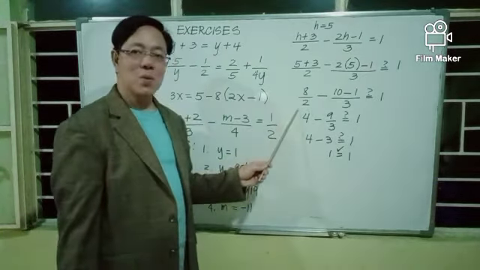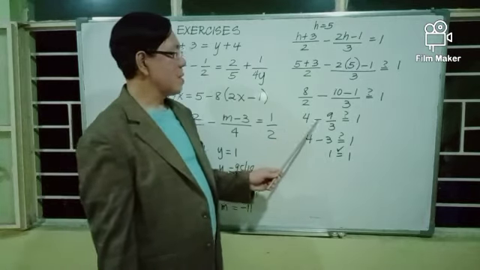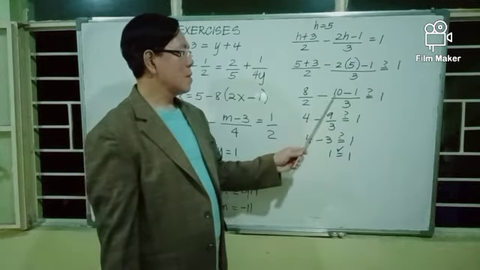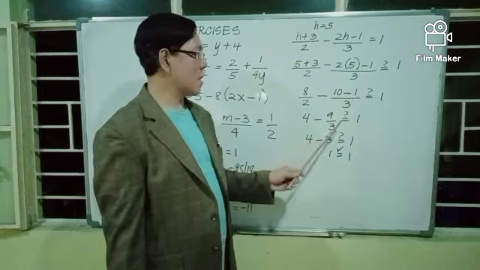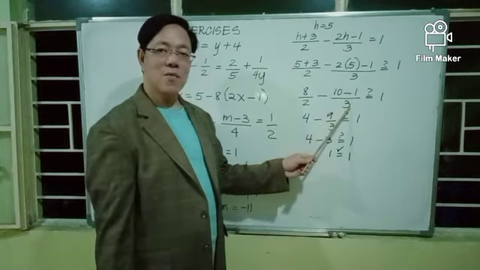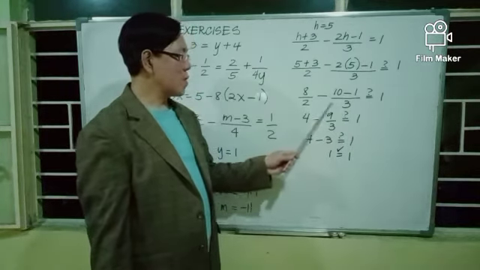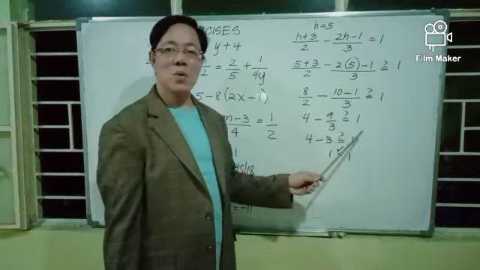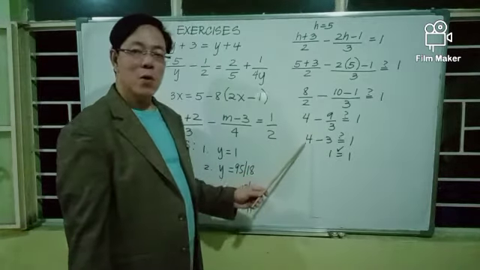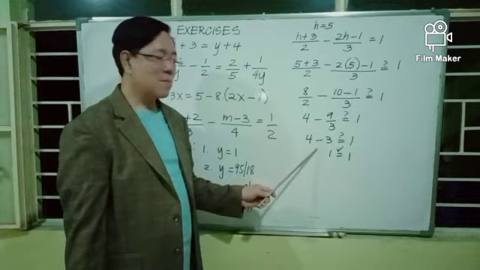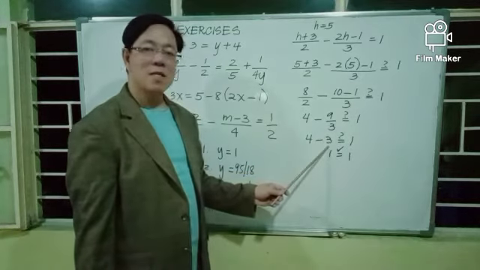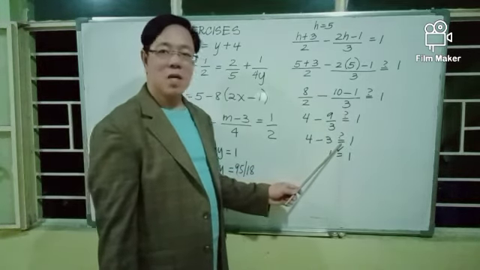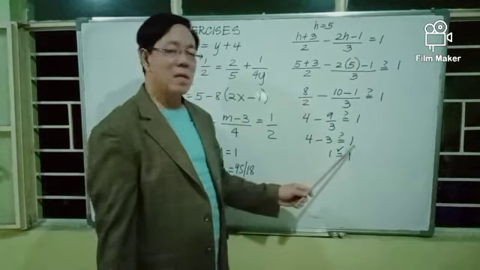8 divided by 2 is 4, minus 10 minus 1 is 9 over 3. We want to check if this difference is equal to 1. We have 4 minus 9 divided by 3 is 3. Want to check if this difference is 1.